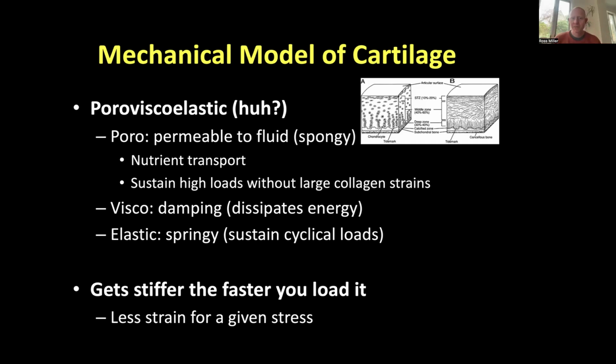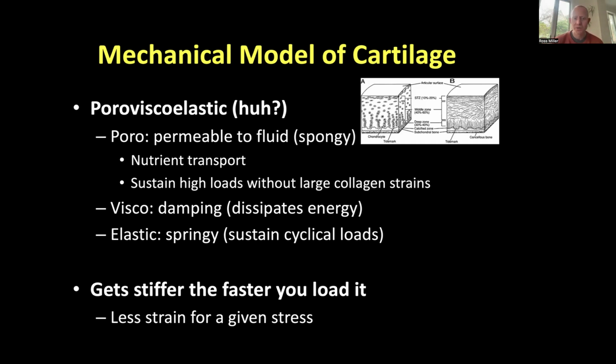And so by being porous, by being permeable to that fluid, we can squish the old used-up fluid out, and as it unstrains and returns to its resting shape, it'll rush the new nutrient-rich fluid in. Okay? So that porous nature is helpful for what I'll say are metabolic reasons. That's how we get the nutrients inside cartilage that it needs to be a healthy tissue.